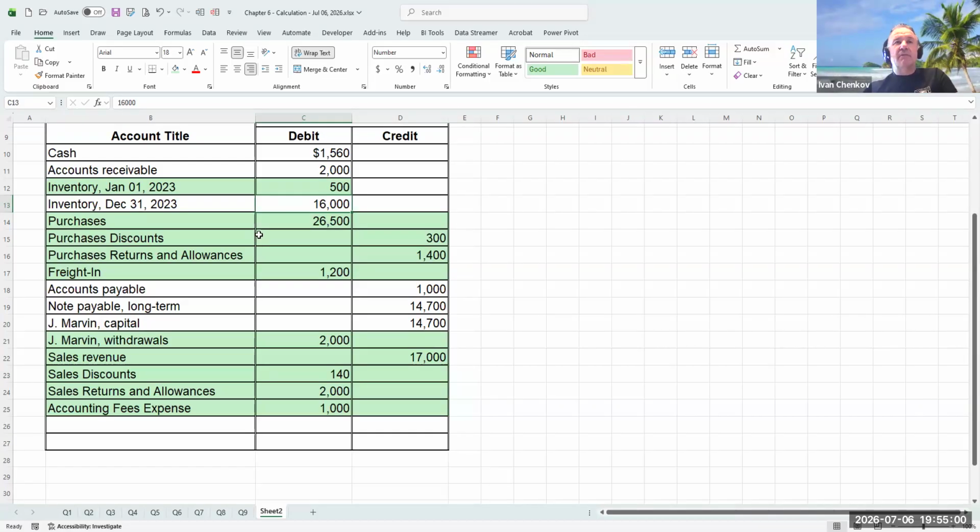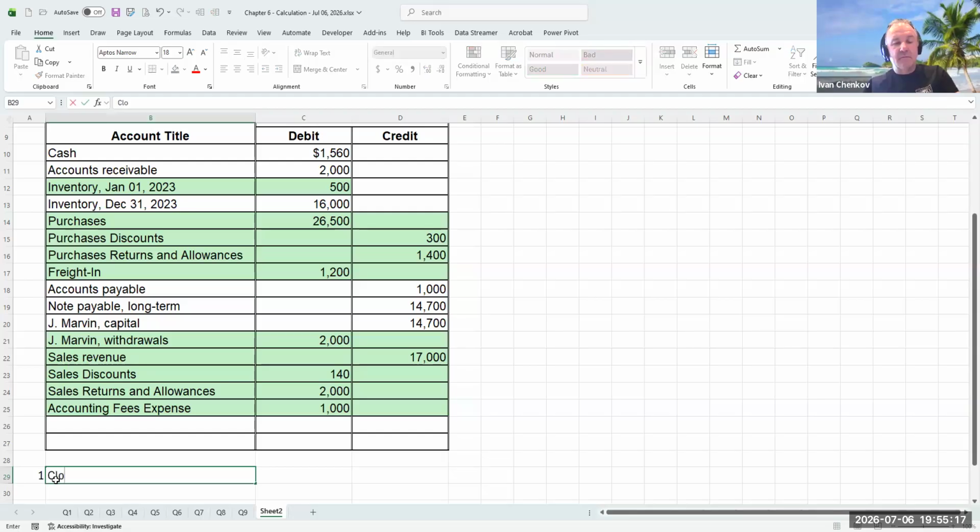Those are the rules of closing accounts for a merchandising company running a periodic inventory system. So the first step will be closing revenue and credit balance accounts.